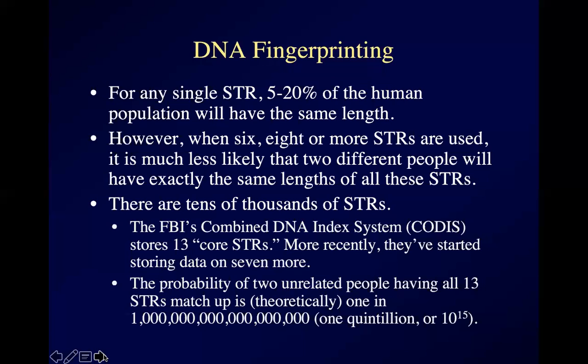So it is not completely impossible, but 1 quintillion is something on the order of 100,000 times larger than the entire population of humanity. It is vanishingly impossible that somebody who is not related to you could possibly have exactly the same lengths of all of those STRs.